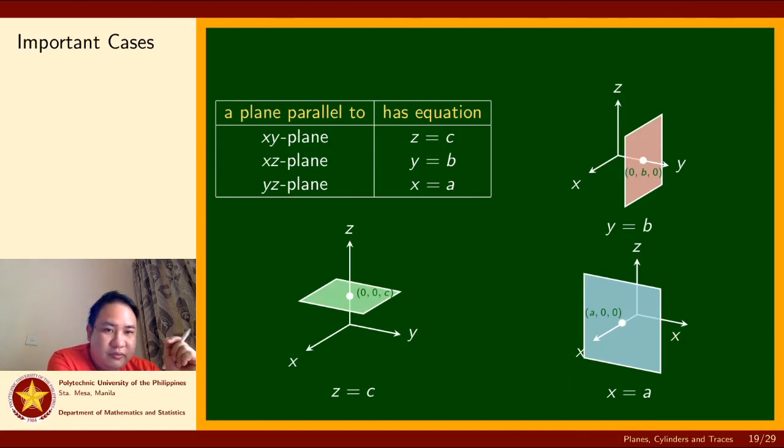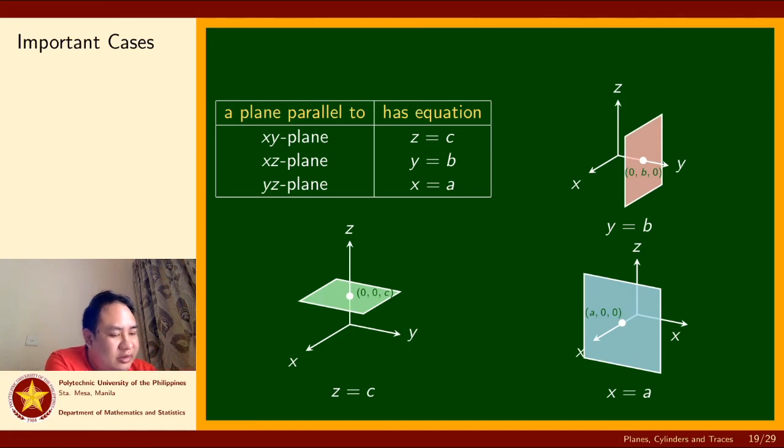Now, first, we need to consider these important cases. In the xy plane, we recall that the z-coordinates of all the points there are all 0. But if a plane is parallel to the xy plane, let's say it's of directed distance c from the xy plane, the z-coordinates are now constant and are all equal to c.